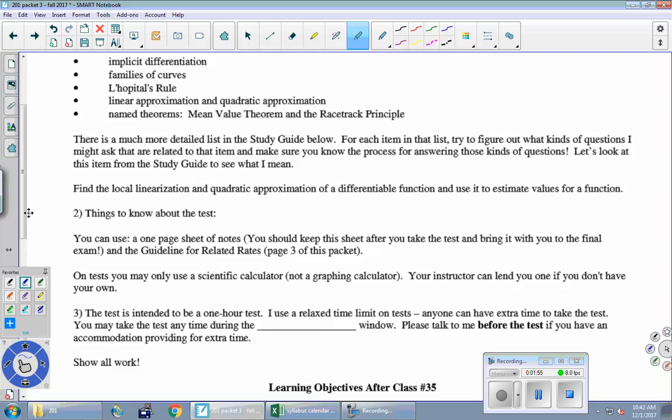For each item in that list, try to figure out what kinds of questions I might ask that are related to that item, and make sure you know the process for answering those kinds of questions. For example, here's one thing that's on the next page. I just copied it here. It says find the local linearization and quadratic approximation of a differentiable function and use it to estimate values for a function.